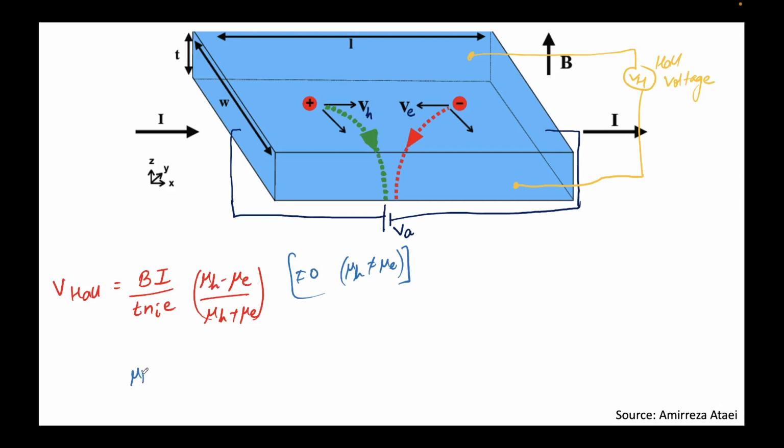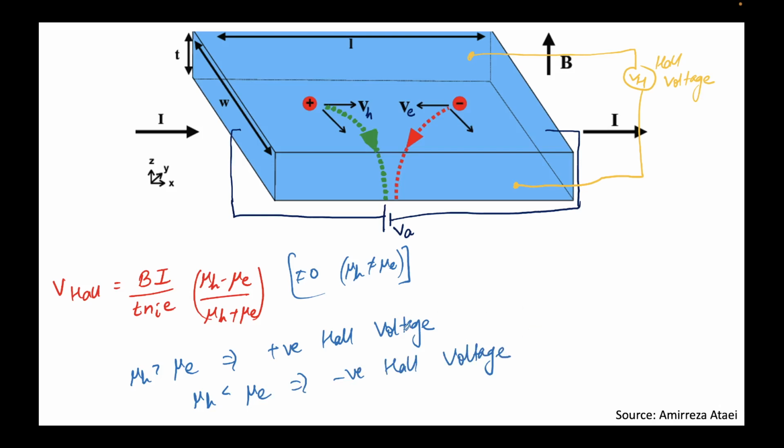So if mu H is greater than mu E, we will get a positive Hall voltage, right? It's as if that semiconductor, even though intrinsic, is behaving like a p-type because it's a positive Hall voltage. On the other hand, if mu H is less than mu E, we will get a negative Hall voltage.